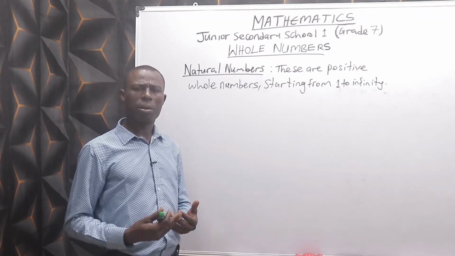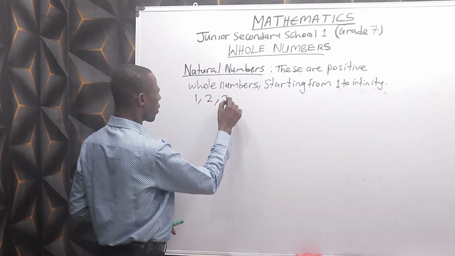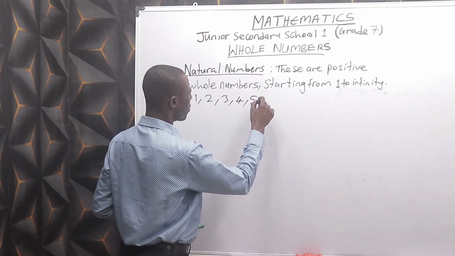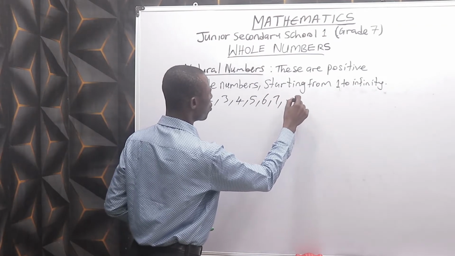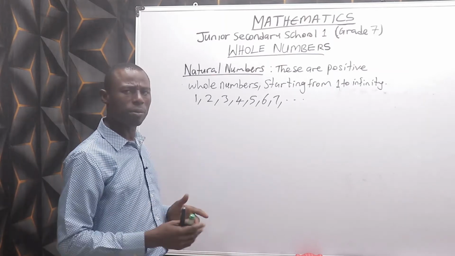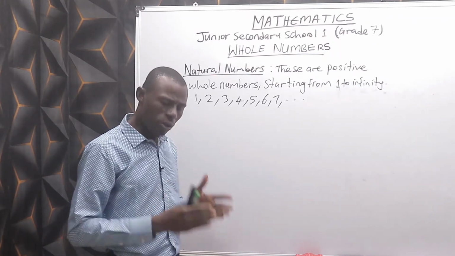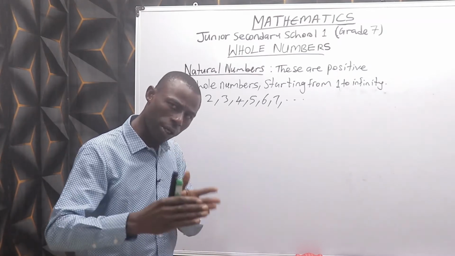And these natural numbers, like 1, 2, 3, 4, 5, 6, 7, and so forth, the difference between any two consecutive of them is 1. What do we mean by consecutive? Consecutive means following each other closely.